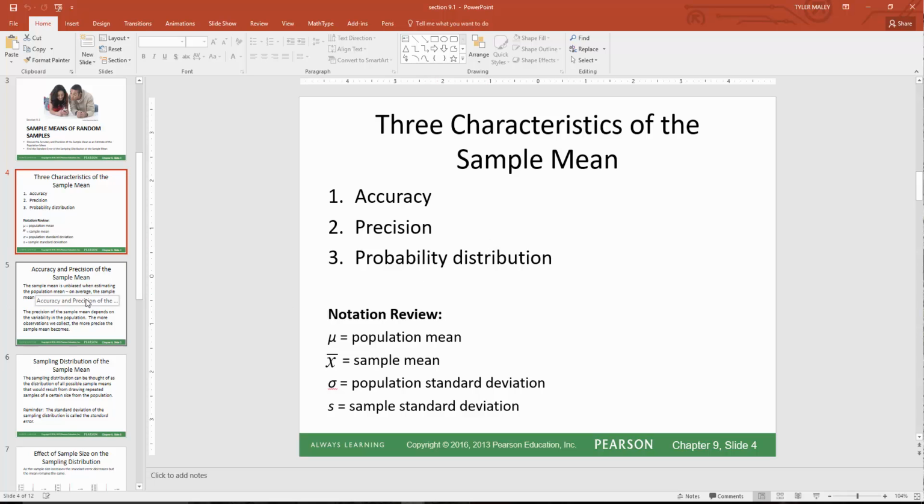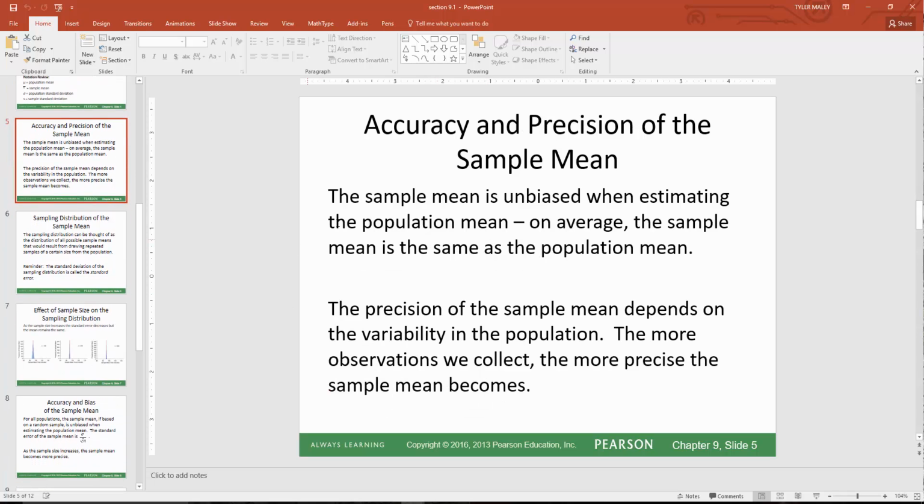Going back to 9.1, going to slide 5. Remember that the sample mean is unbiased when estimating the population mean: on average, the sample mean is the same as the population mean.